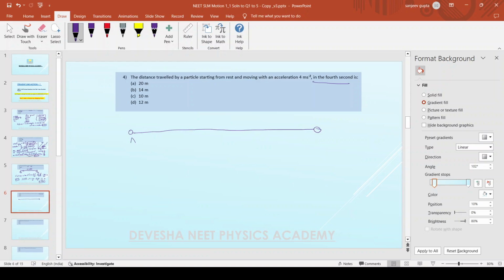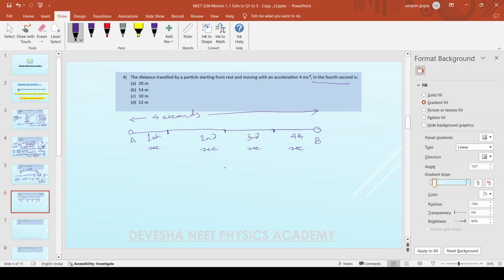This is A and this is B, and the time taken is 4 seconds to travel from A to B. Now let's break it second wise. This is the first second, this is the second second, this is the third second, and this is the fourth second.